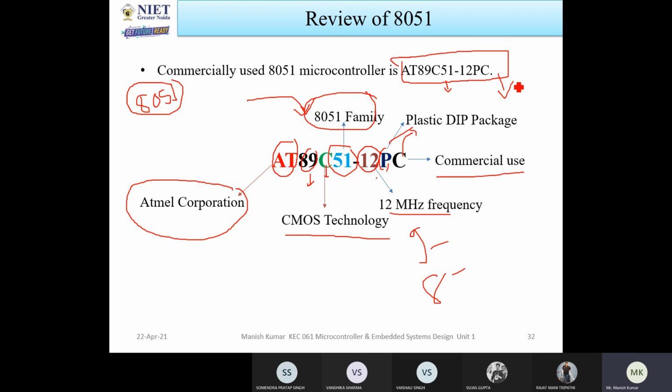You know that whenever we design any microcontroller, that particular microcontroller is not used for commercial purposes at first. After testing and finishing all the things, the company will launch it for commercial use. So this is the abbreviation of the 8051 IC.